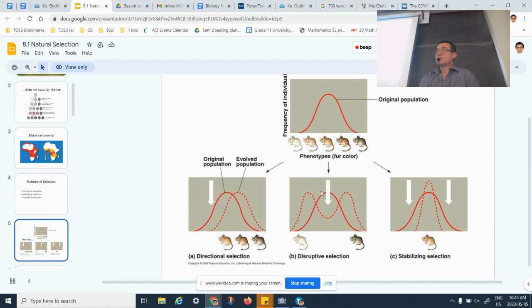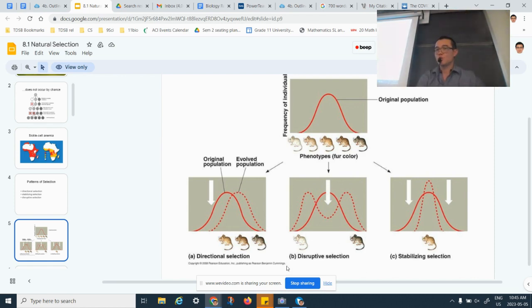Disruptive selection means all of a sudden the average population is going down. Something is selecting against these medium color fur mice. We don't know what. And now the two different extremes, the lighter color mice or the darker color mice, become more favorable because you have a lot more of those two now.